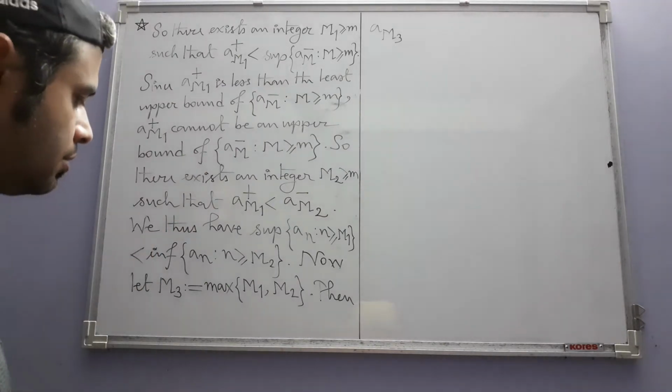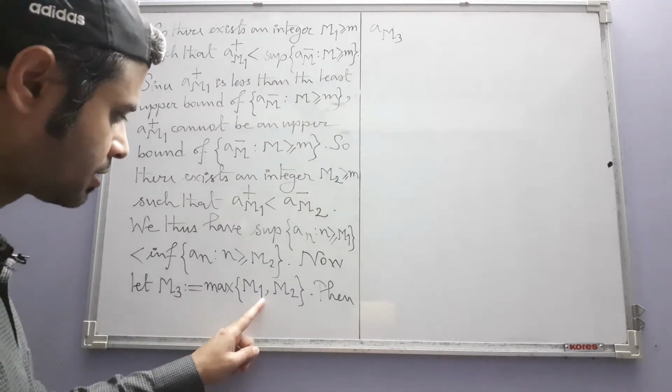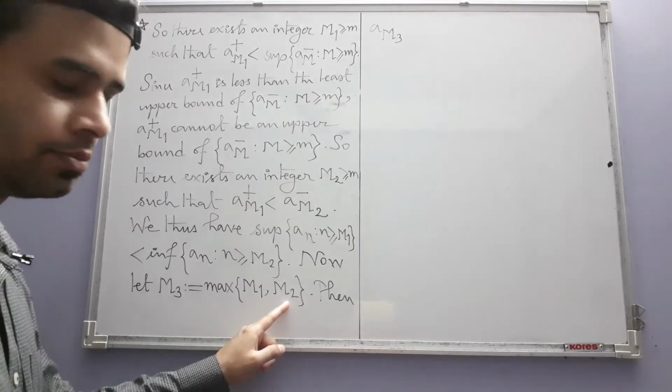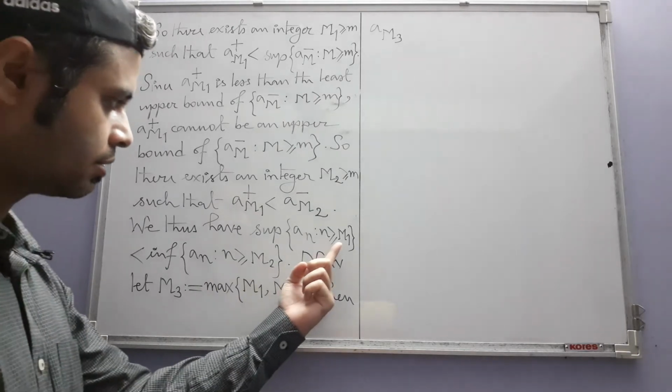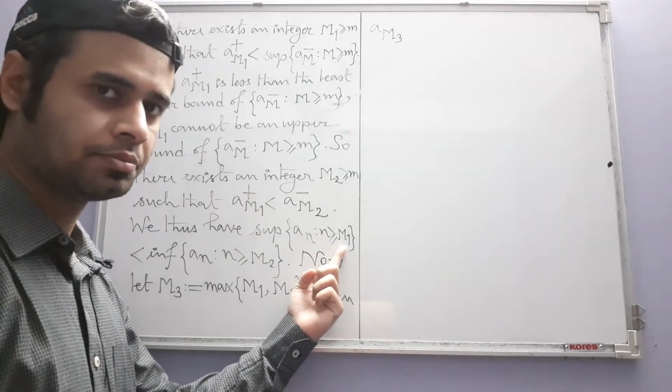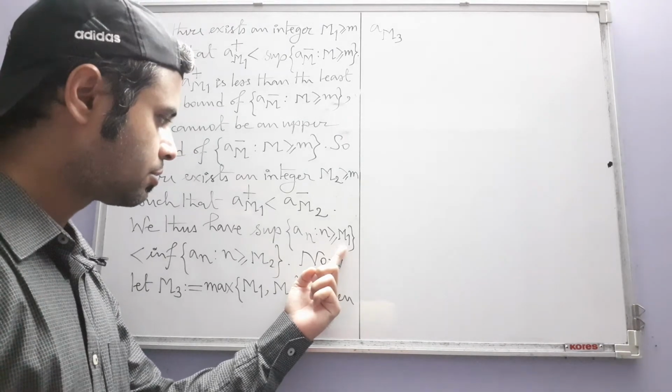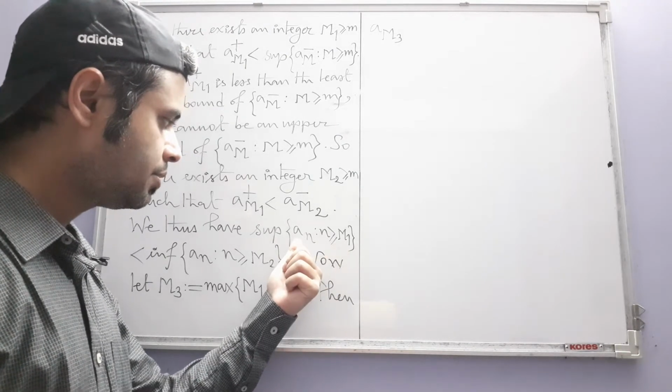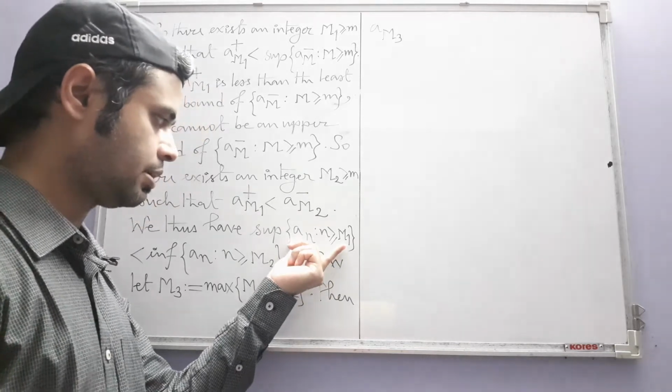First of all, because m3 is the maximum of m1 and m2, m3 is greater than or equal to m1. Okay, so am3 is an element in this set.